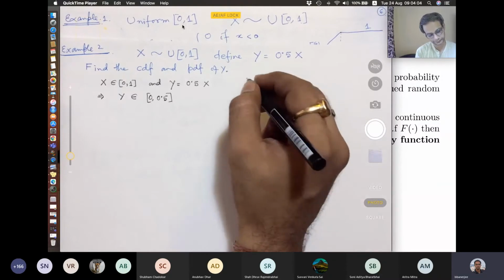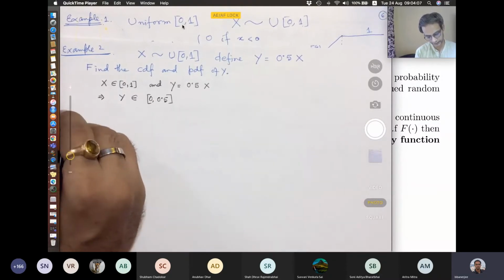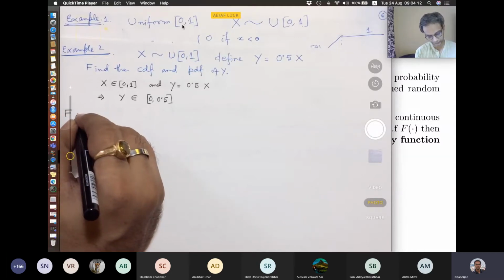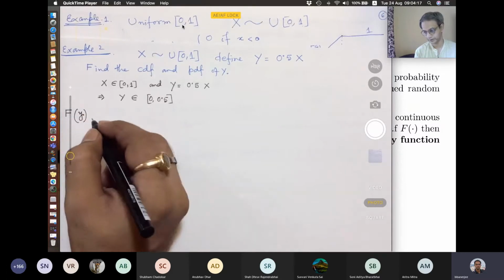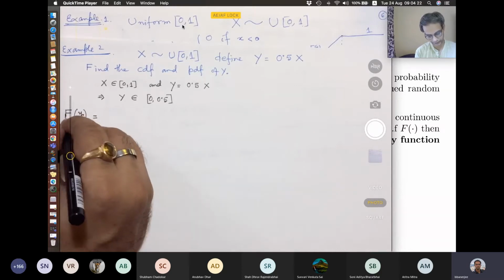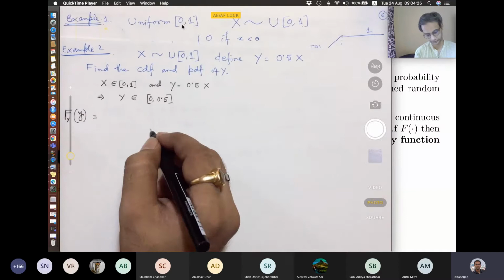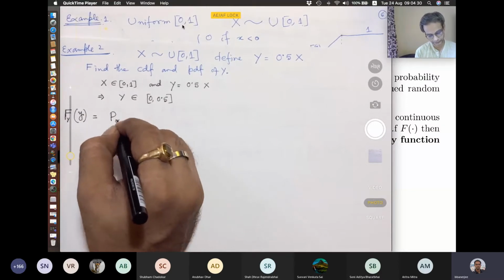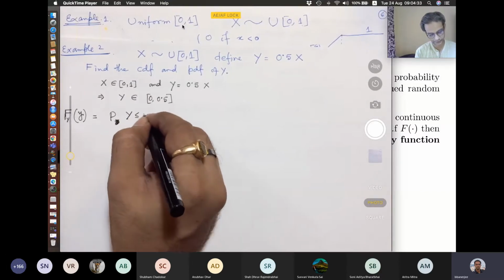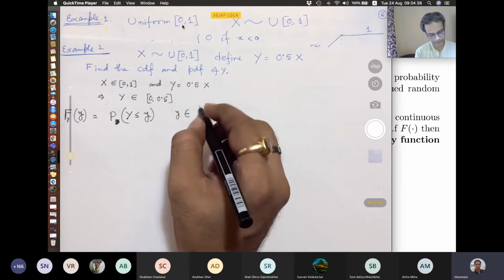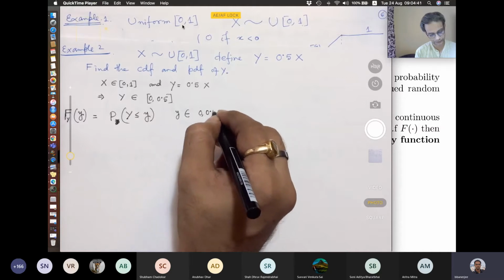Okay, now calculate the CDF. F of small y, let us call it, that means the probability that Y is less than or equal to small y, when y belongs to 0 to 0.5.